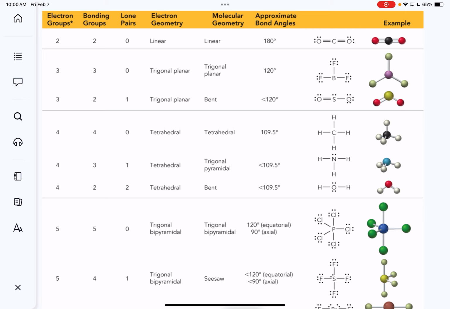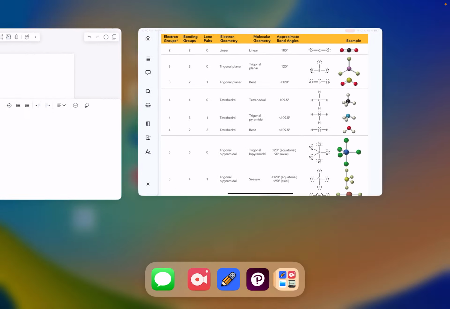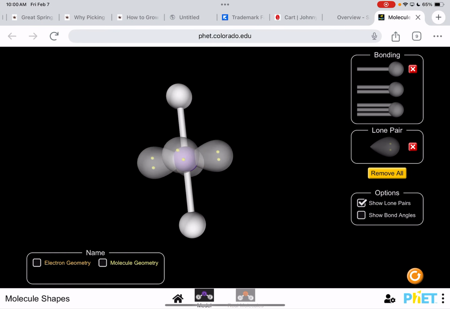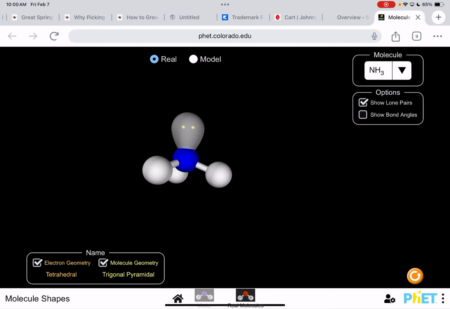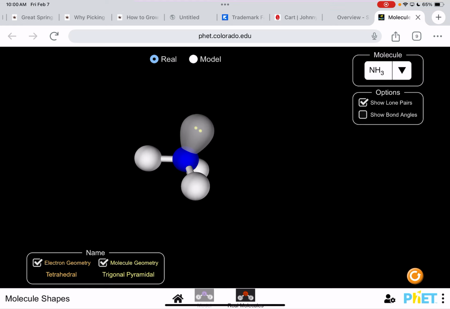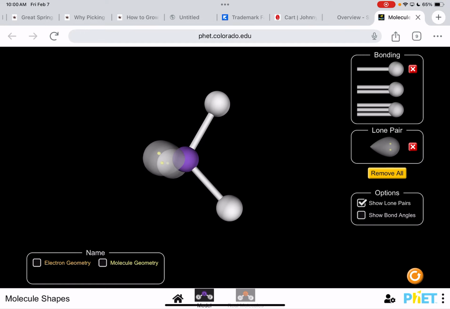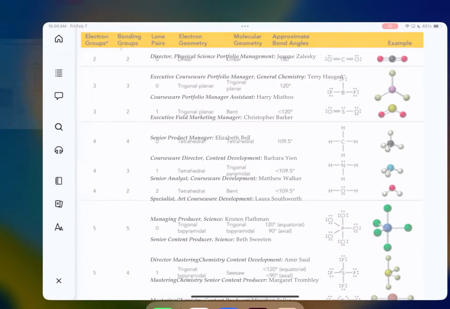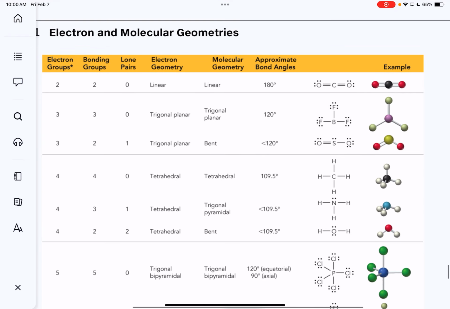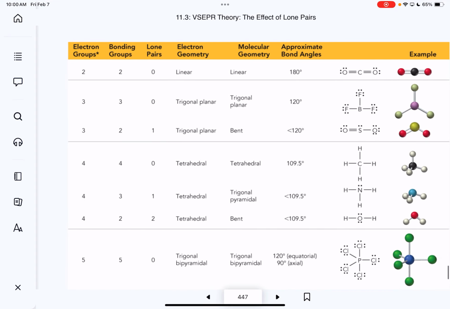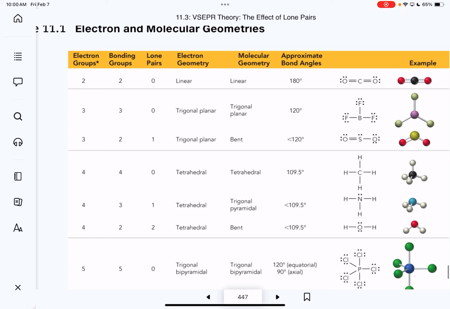So what you need to be comfortable with, and what I would recommend this weekend, is taking the simulation, this guy here, and probably looking through the real molecules to start, and you can always come over to the model and build them however you want. But use that simulation in combination with this table, table 11.1 in section 11.3.